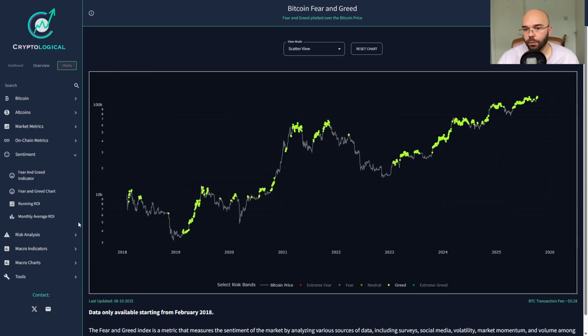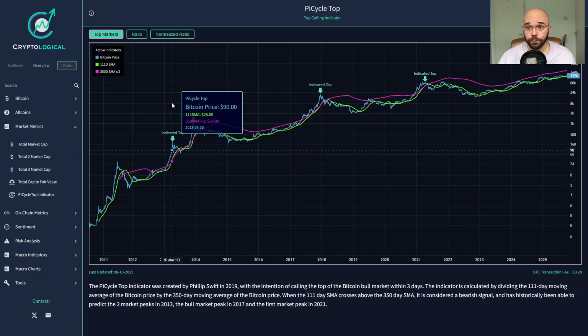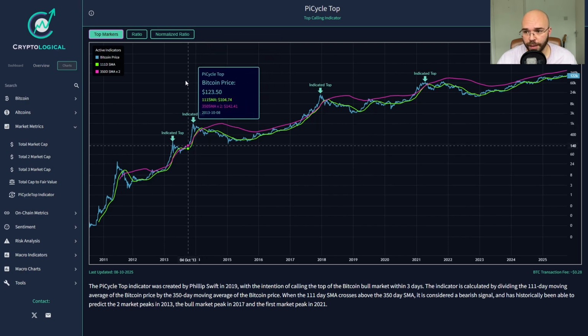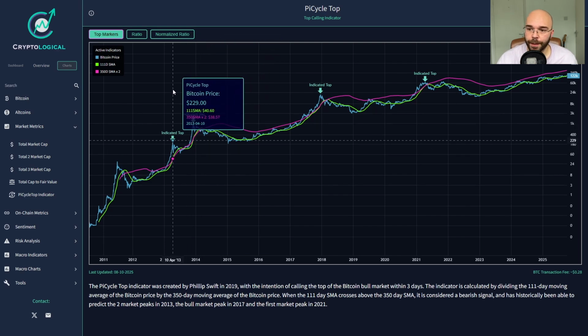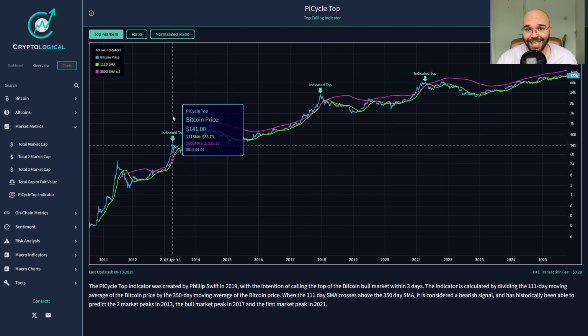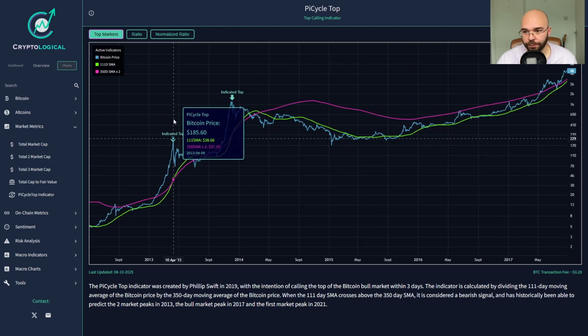Pi cycle top is another favorite top indicator that's been very useful over the last 2 or 3 cycles. So the 111-day simple moving average and the 350-day times 2 simple moving average crossover, that's where the indicated top of the cycle has been. And it was pretty close here where they cross.